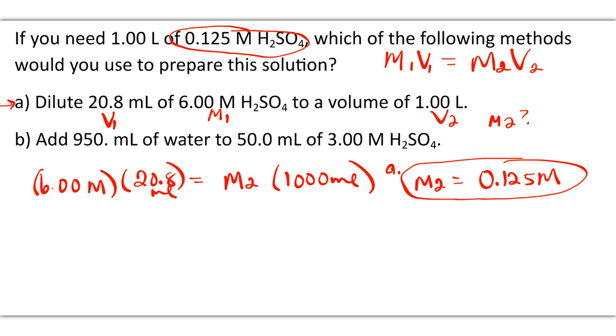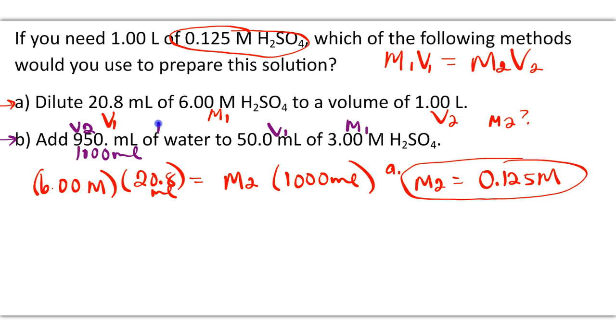So we'll do letter B, where I'm going to add, this one's very tricky the way it's been worded too. We're going to add 950 milliliters of water to an initial volume of 50.0 milliliters with an initial molarity of 3.00 molar. But keep in mind that if you add 950 milliliters to 50, then your new volume is going to be 1,000 milliliters.